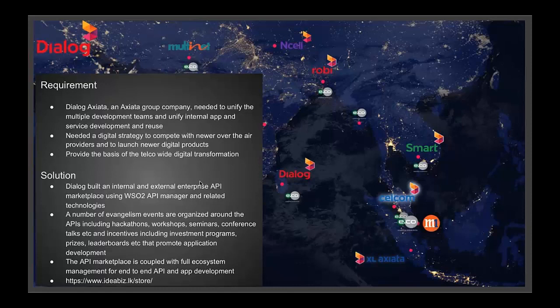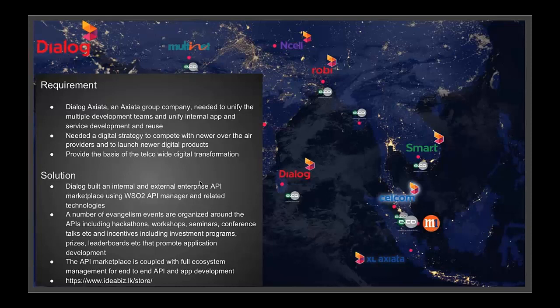So once that was done, Dialog then exposed this to the external world as well. Roughly, if you had around 400 to 500 internal APIs, the external API marketplace had around 50 to 60 external APIs. And these are APIs like an API to send SMS, an API to do location-based services, to do direct operator billing, so on and so forth.